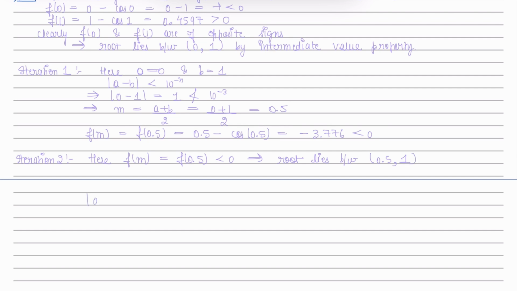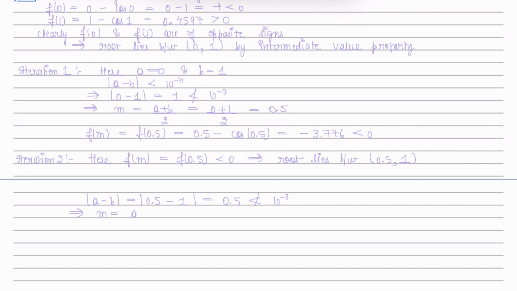Checking the stopping criteria, a minus b is equal to 0.5 minus 1, which is equal to 0.5, and this is not less than or equal to 10 to the power minus 3. So we will find the midpoint again.